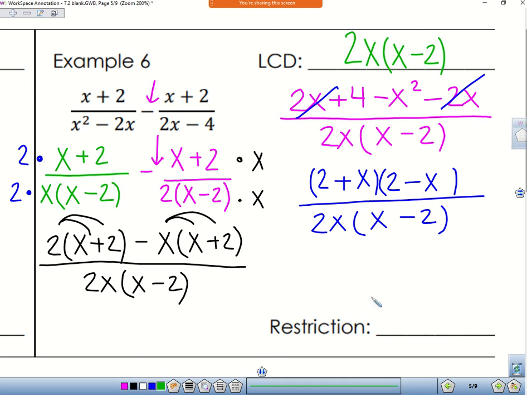Now, can I cancel anything out? X or 2x minus 2. I can cancel these out, but when I do that, because they're in a different order and they're subtraction, I have to add in a negative sign on the top. Do you remember that? So that's going to be negative. Why do you have to do that?